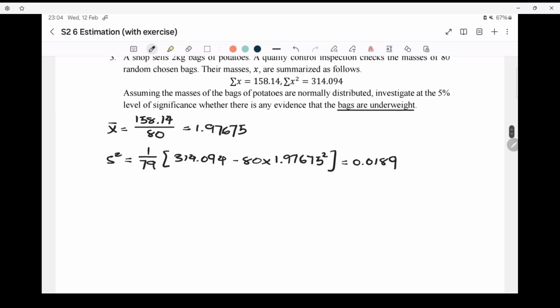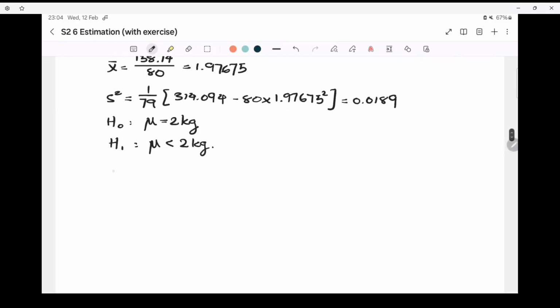Now formulate your null hypothesis and alternative hypothesis. The null hypothesis states that your mu is equal to 2 kg, and your alternative hypothesis will be that they are underweight. Now that you have done that, what you need to test is whether or not your X bar is smaller than 2.